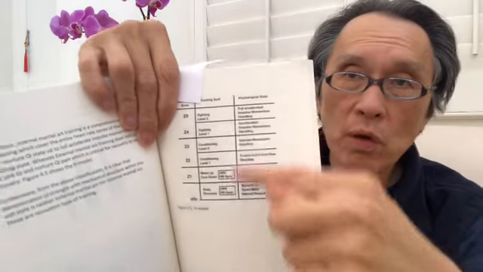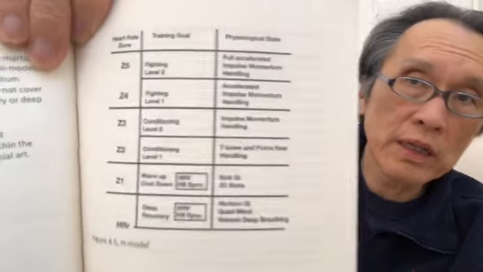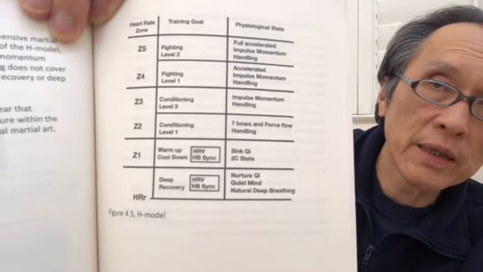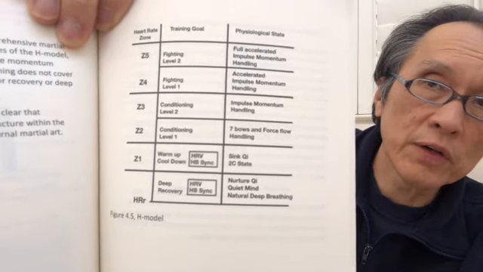We need to start this entire body mechanic development with the H model in Wing Chun Inception. Okay, this is really critical. This H model in Wing Chun Inception. Okay, you can take a snapshot here, and then you can refer to it.